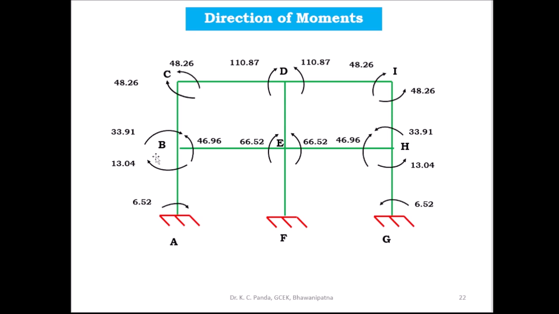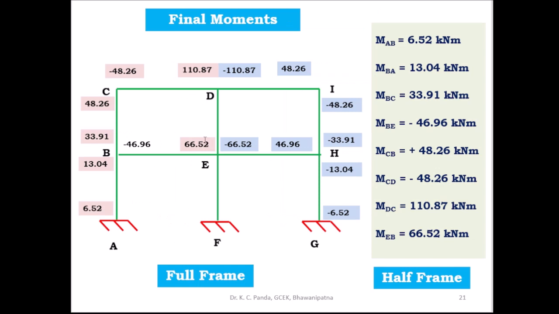Then you check at joint B whether the sum of the moments is coming 0 or not. Here this is 13.04, this is 33.91, both equal to 46.96 kilonewton meter. Similarly here M dash CB 48.26 clockwise, and M dash CD minus 48.26, this is anti-clockwise, 48.26 minus 48.26.